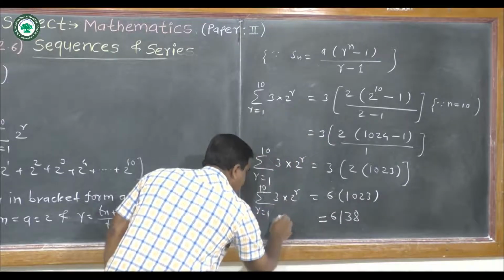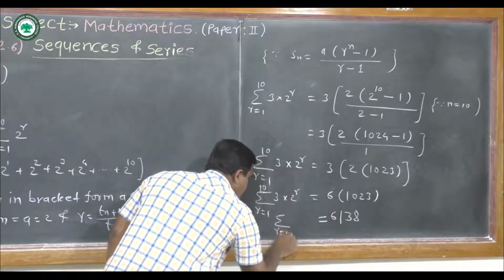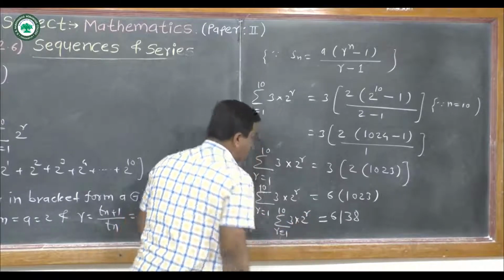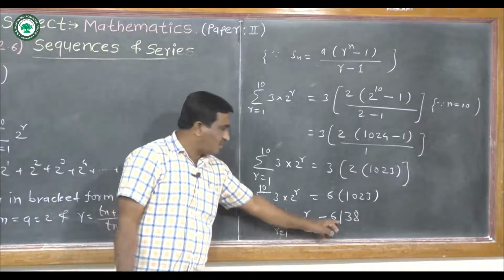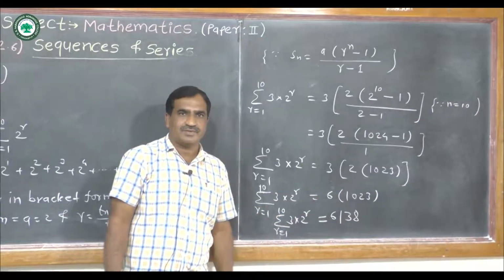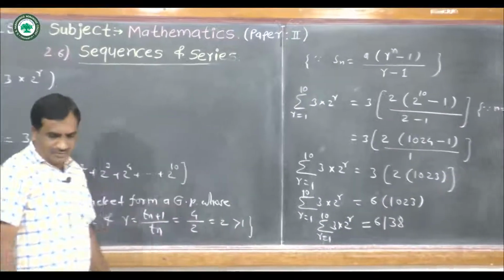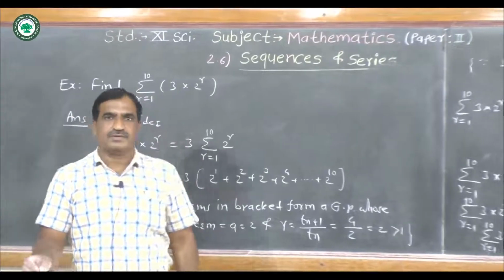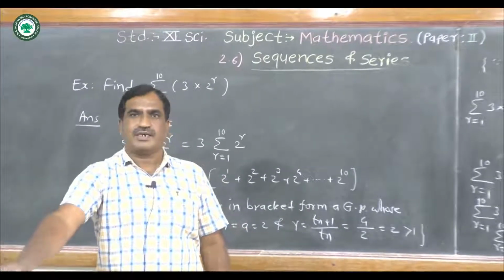That is, we get here finally summation R goes from 1 to 10, 3 into 2 raised to R is equal to 6138. Okay, this is the value for the given summation. Okay, we stop here. Okay, thank you.